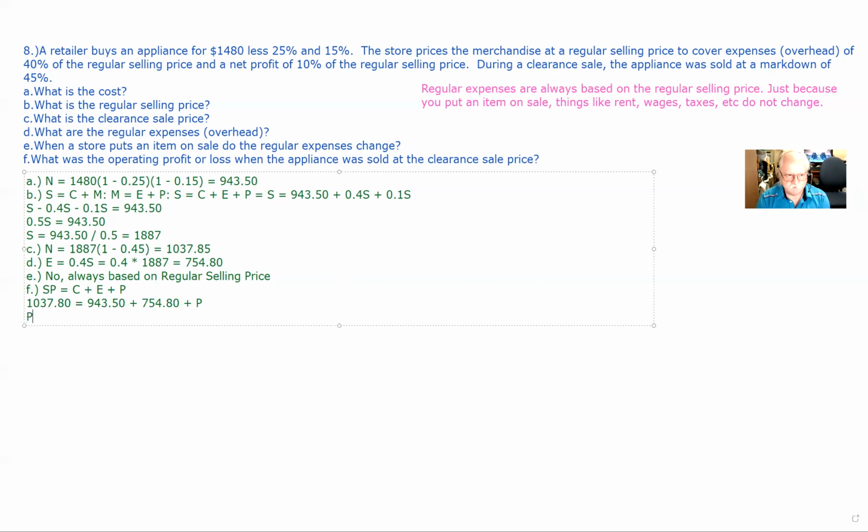So the profit is going to equal 1037.85 minus 943.50 minus 754.80, and hopefully, let's find a calculator here.